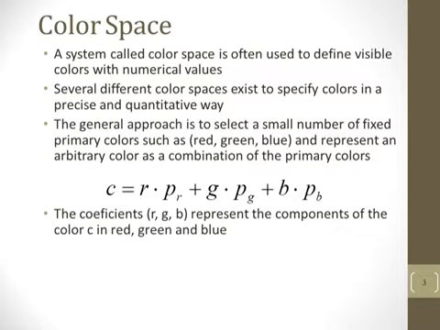The combinations of the primary colors are used to represent different colors. These systems are natural to the device, but they are usually device dependent and they cannot represent all visible colors with positive coefficients.